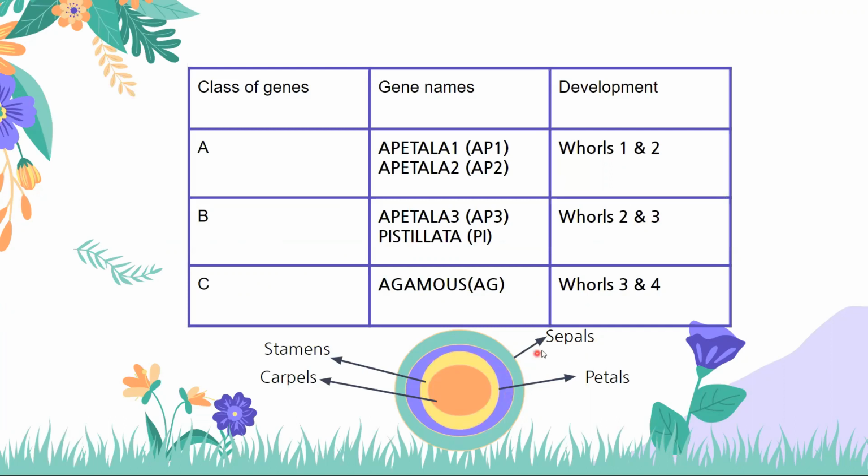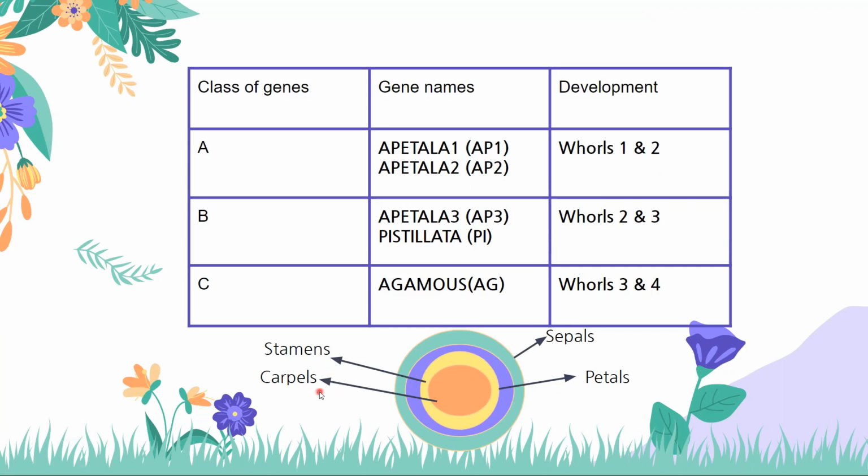So the growth of the sepals and the petals is controlled by the class A genes, APETALA1 and APETALA2. Class B genes are APETALA3 and PISTILLATA, which control the petals and stamens. And class C, AGAMOUS, is solely responsible for whorls 3 and 4, that is the stamens and the carpel.